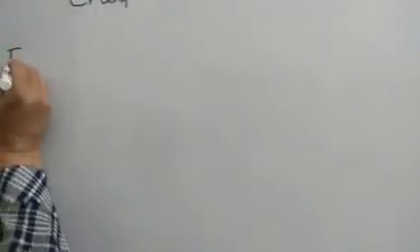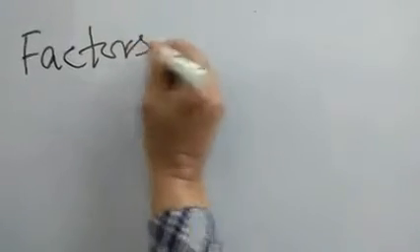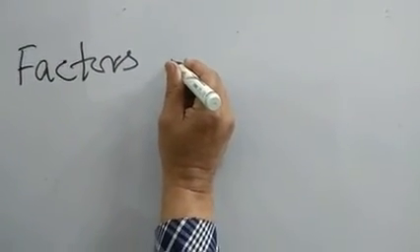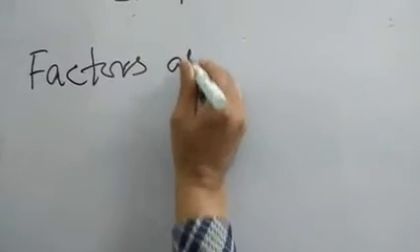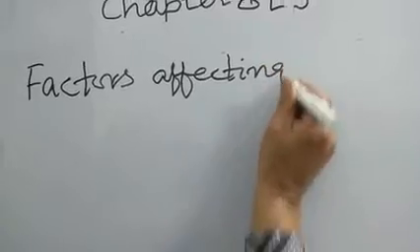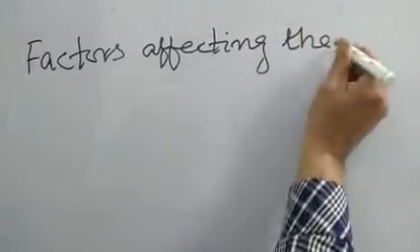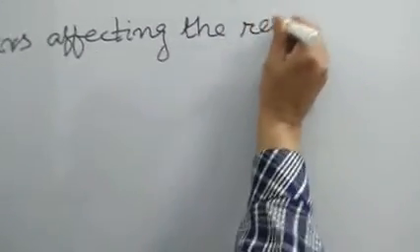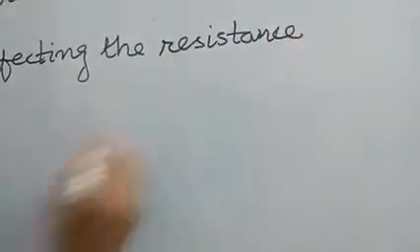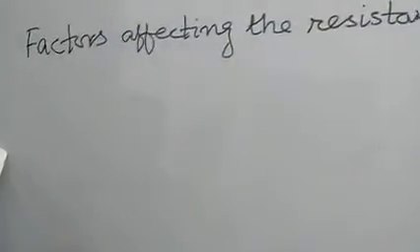Then there are factors which affect the resistance of a conductor, or the resistance of a wire. There are four of them.